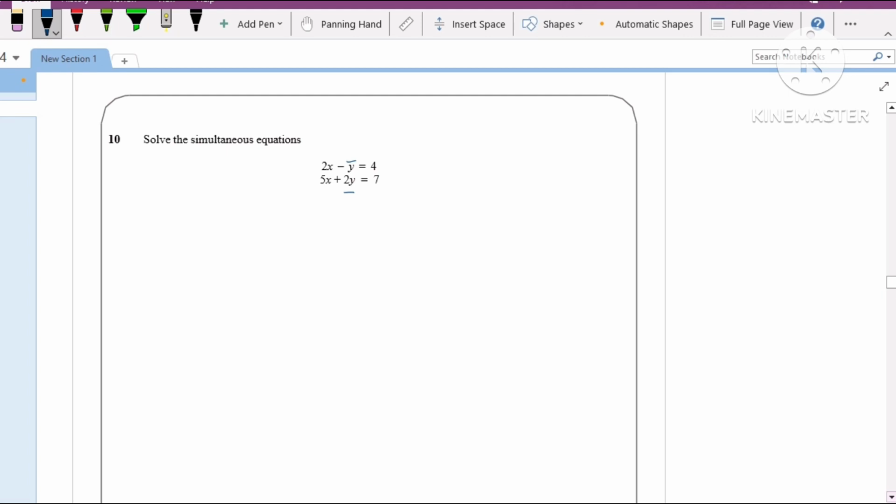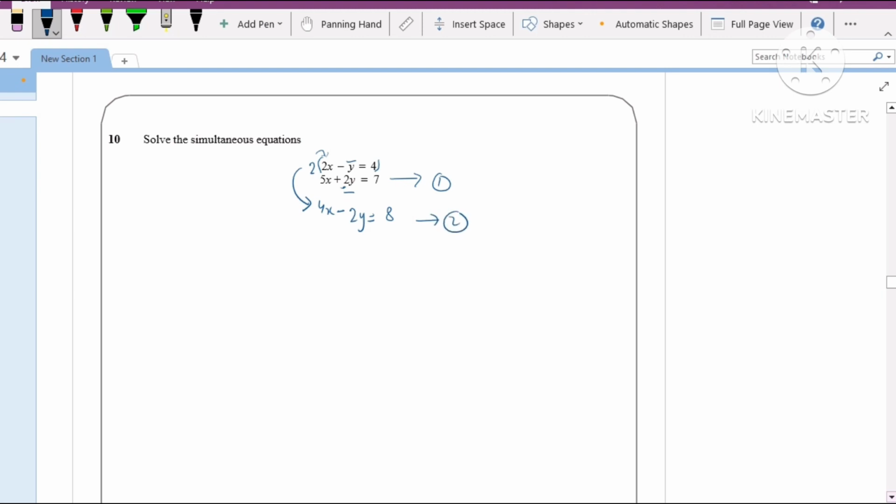So I will multiply this equation by 2 to make both coefficients the same for y. So 2 times 2x is 4x, then 2 times minus y is minus 2y, is equal to 2 times 4, that is 8. Now this is equation number 1, this is equation number 2.